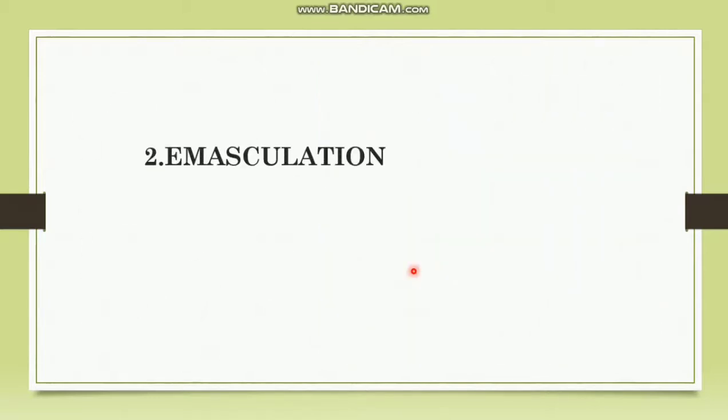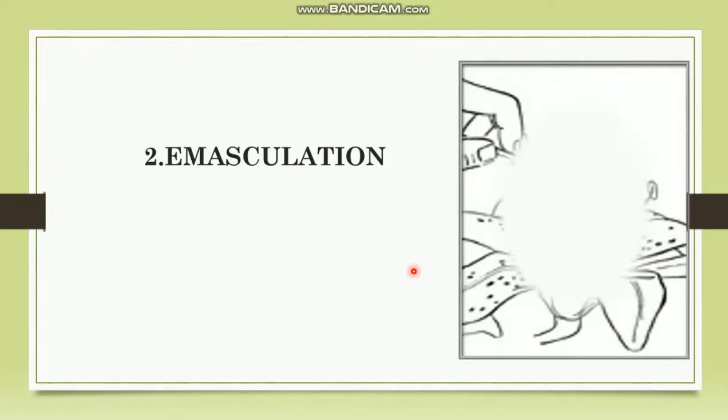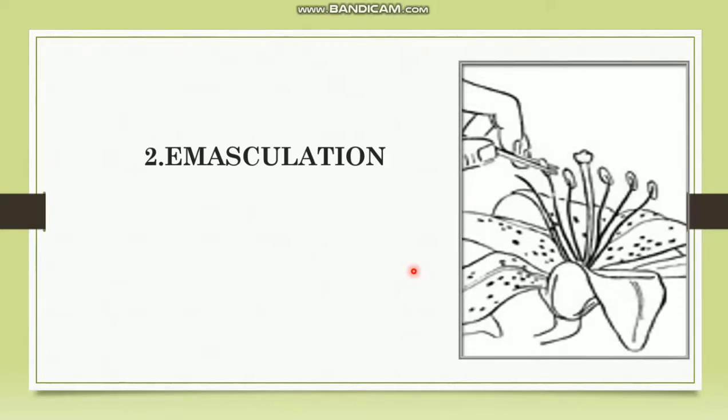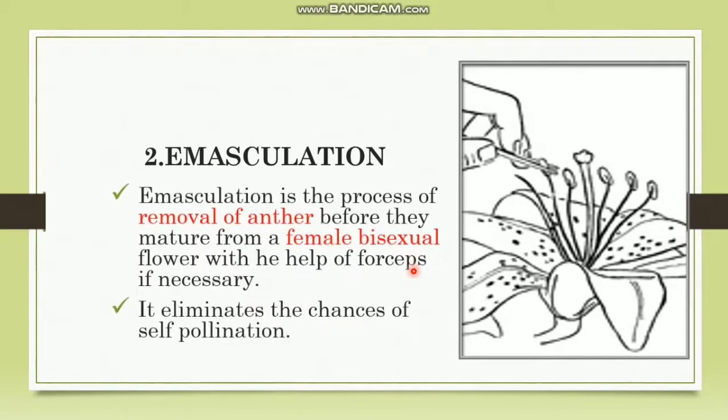After that, the next step is emasculation. If the flowers produced by the plant are bisexual, then emasculation is performed on female flowers when the flower is in bud condition, or when the anthers are not dehisced and are in an immature state. In that case, we remove all their anthers with the help of forceps.